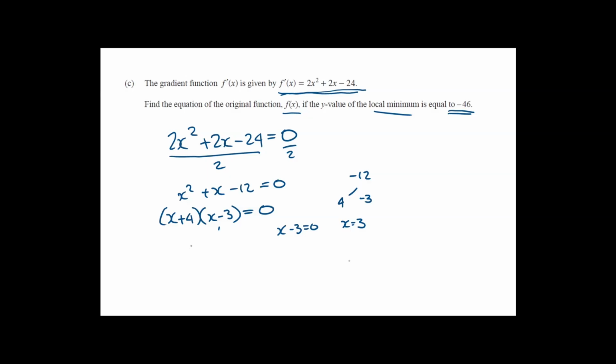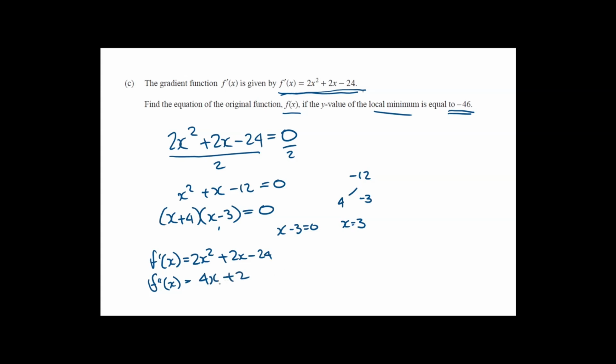So we want to differentiate the original equation. So we need to go back to this form here just to be on the safe side. So if the original differential equation is this, okay, if we differentiate that again, we're going to get 4x plus 2.